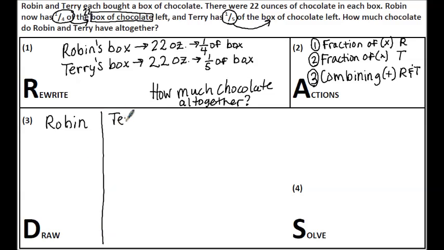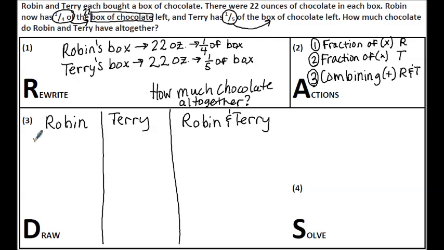And let's just set this up a little bit better. We're going to figure out how much Robin has over here. We're going to figure out how much Terry has over here. And then we're going to figure out how much Robin and Terry have together. And once we're done with that, then we'll be done with the problem.